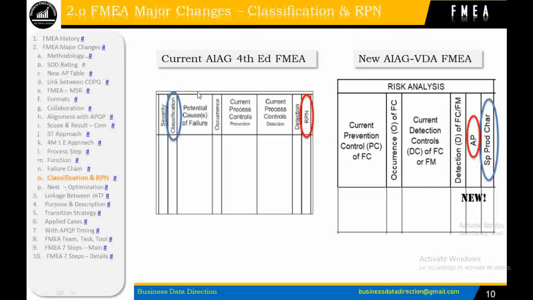Now the next change is that in the previous FMEA, classification was mentioned. Here we were writing SC or CC characteristics. Now this is changed to special production characteristic, and RPN is changed to AP.